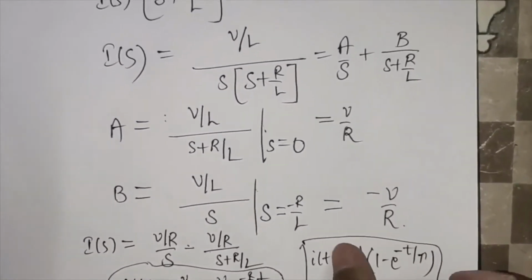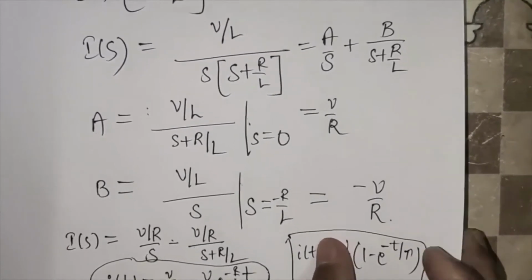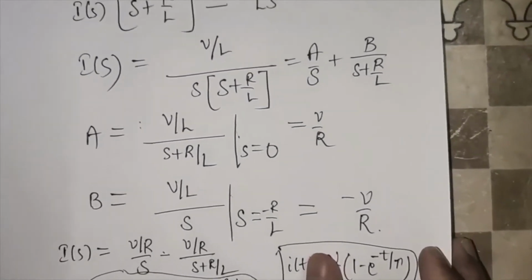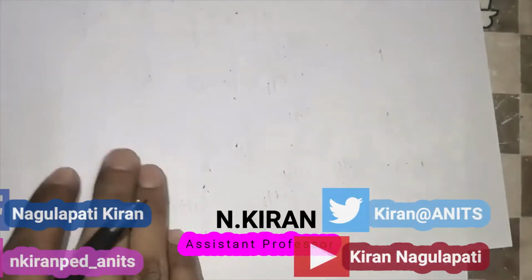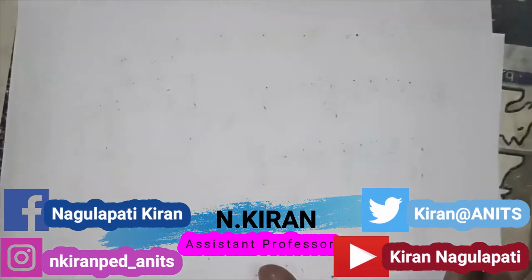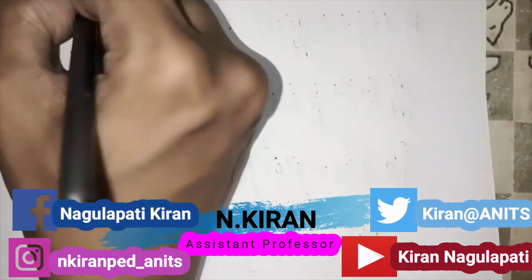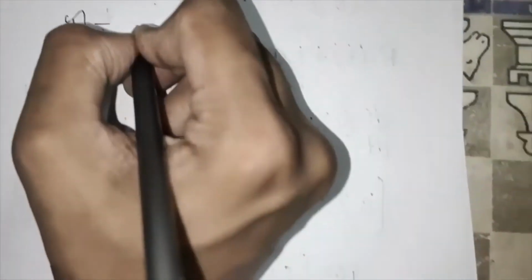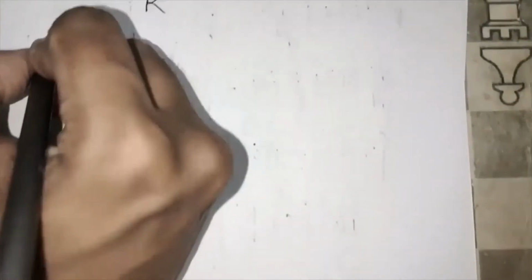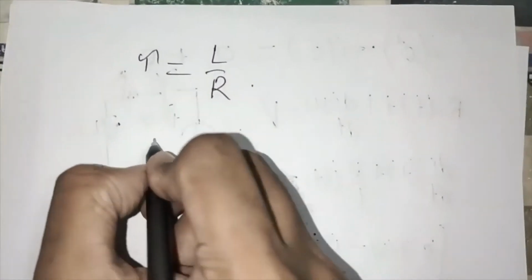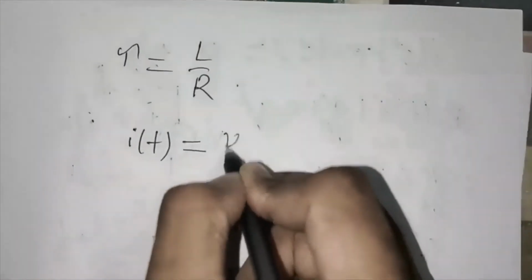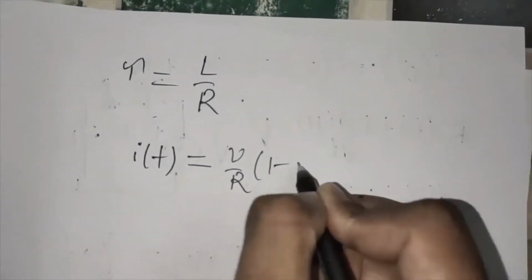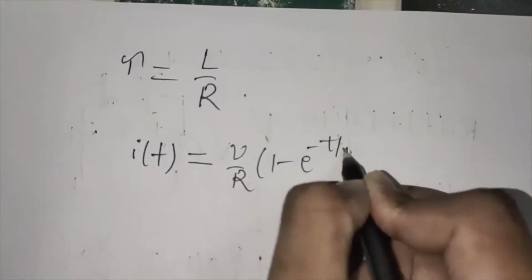So now let us see what is the significance of the time constant. In a series RL circuit, the time constant tau is equal to L/R. The expression for I(t) we have obtained as V/R into (1 minus e power minus t/tau).